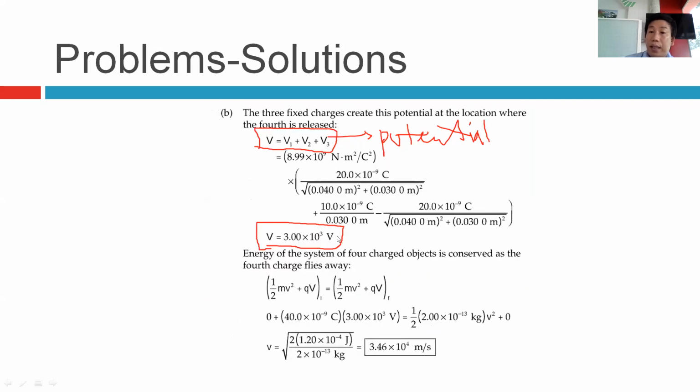First of all, you calculate the potential. Potential and velocity may cause you some confusion, but this is the capital V and this is the small v. Okay, and you will have the result. This is the velocity.